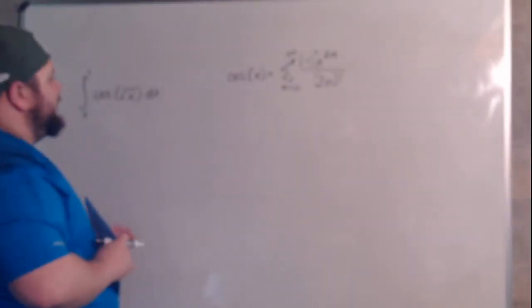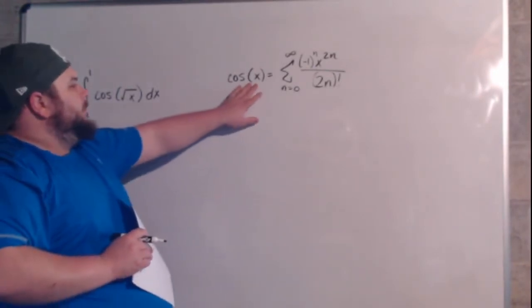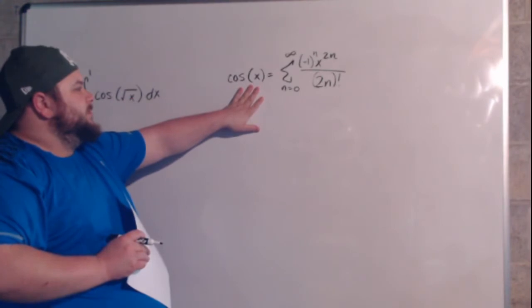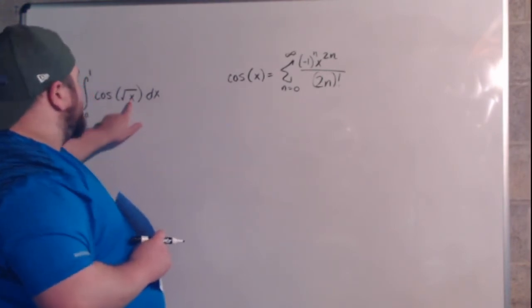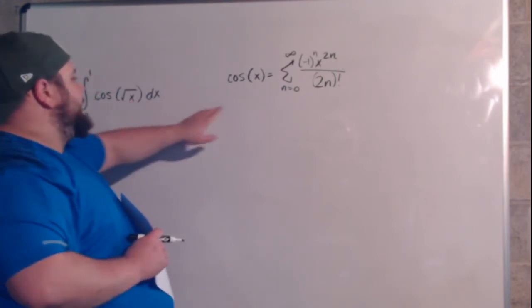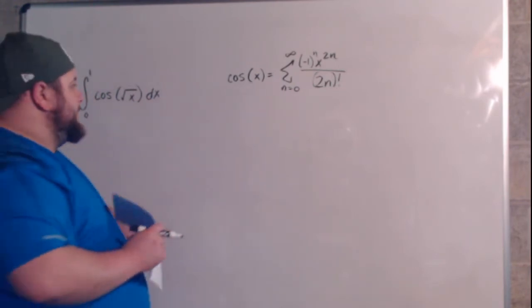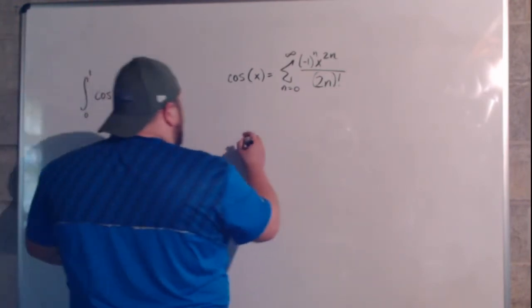Now, there's two ways you could go about doing this. You could write out the first 6 terms with this series and then replace the x by square root x. Or we could right off the bat replace this x with square root x, then write the first 6 terms. So I think that's what I'm going to do.